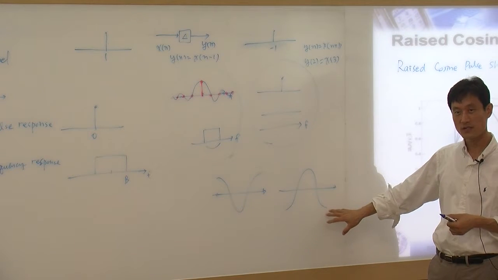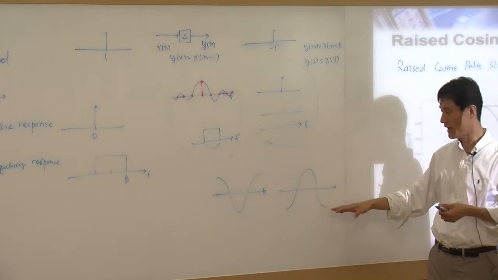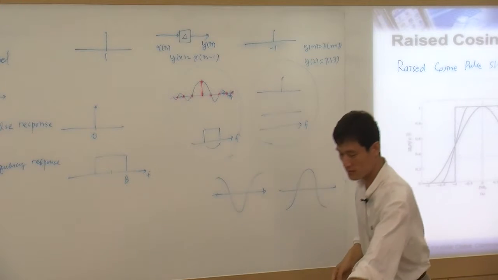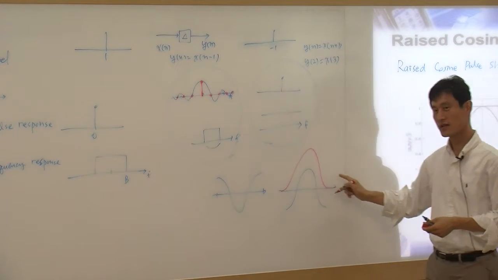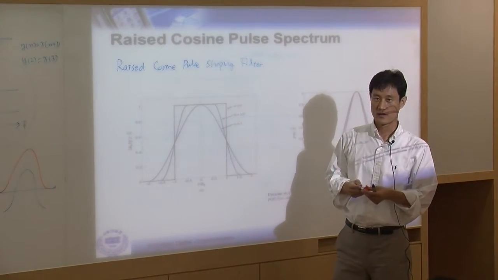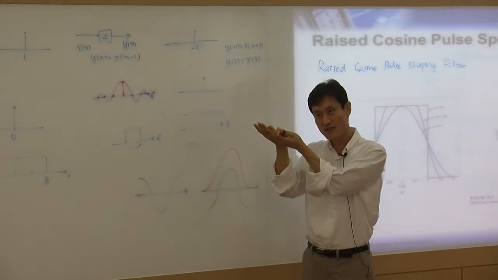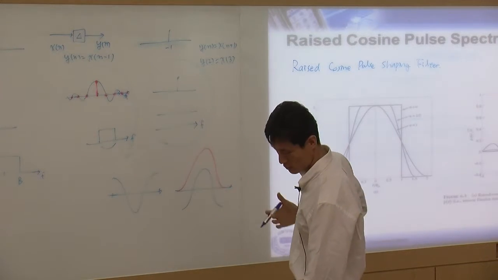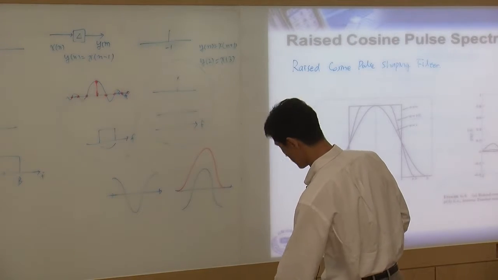This is just cosine, but I flipped it like a minus cosine. And then let's raise it up here. Then it looks like this. That's what you have here. So it is a cosine, but it's a raised cosine. Just follow what it looks like. So that's why it's a raised cosine filter.